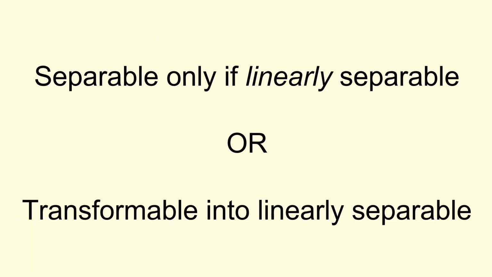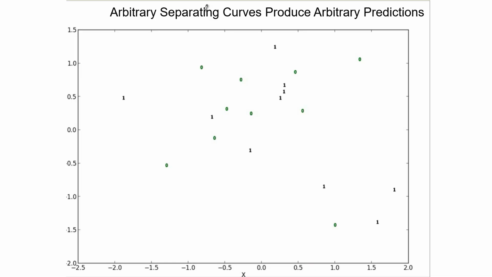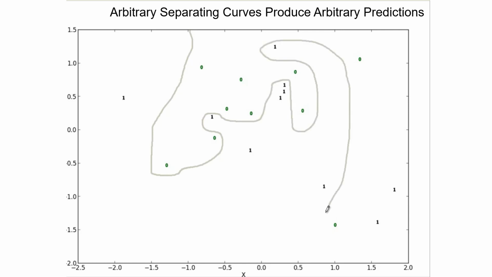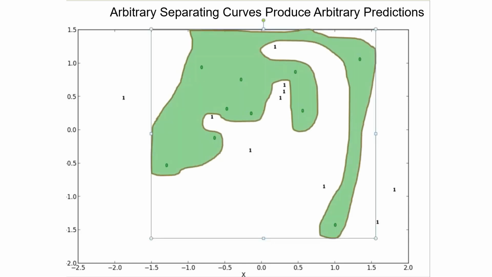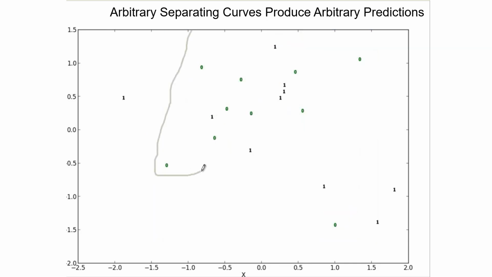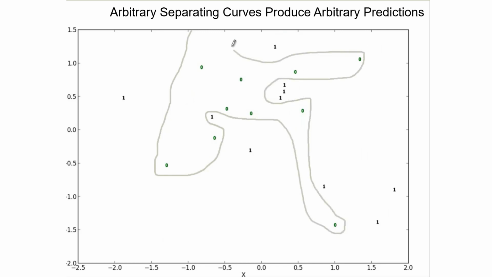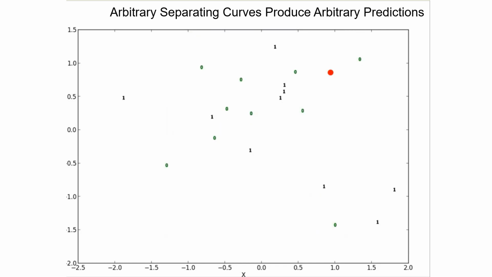So we're going to say that data is separable only if it's linearly separable or if you can transform it into linearly separable. For example, here I have data that is not linearly separable, and notice that I can draw an arbitrary shape that separates, and then I could just turn around and draw another arbitrary shape that separates the positives from the negatives.